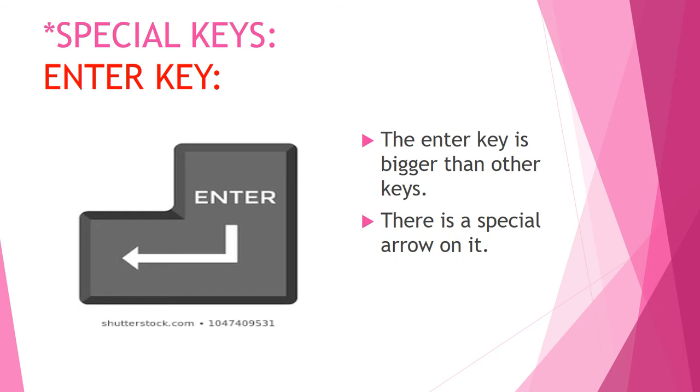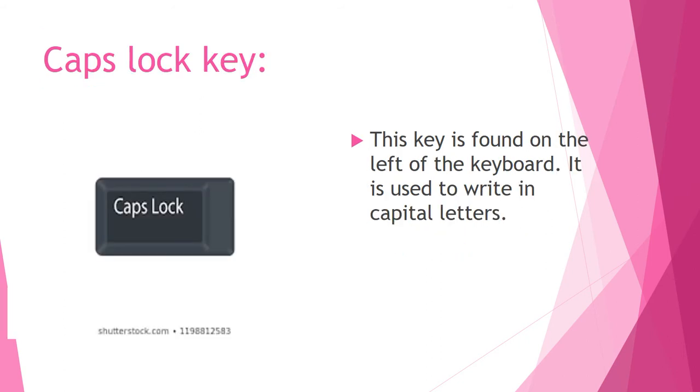Okay. Next is the caps lock key. Students, this key is found on the left of the keyboard. It is used to write in capital letters. Caps lock can be turned on or off.